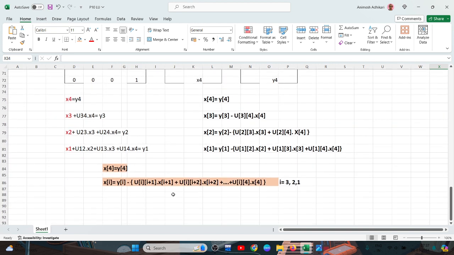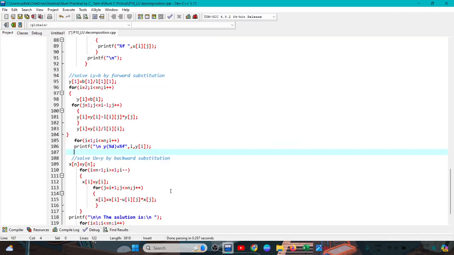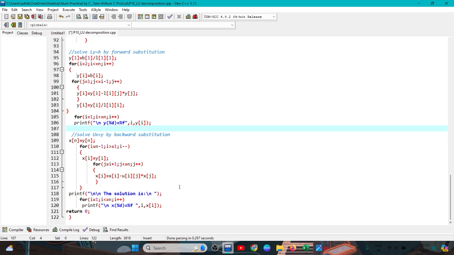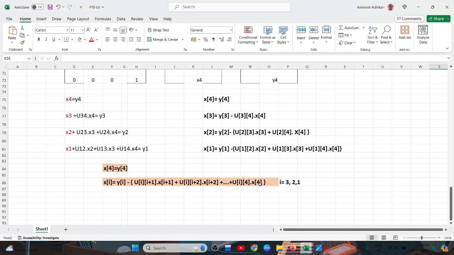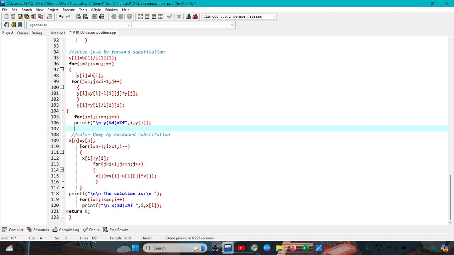By backward substitution we get the unknown values of x. Xn equal to yn, which means x4 equal to y4.